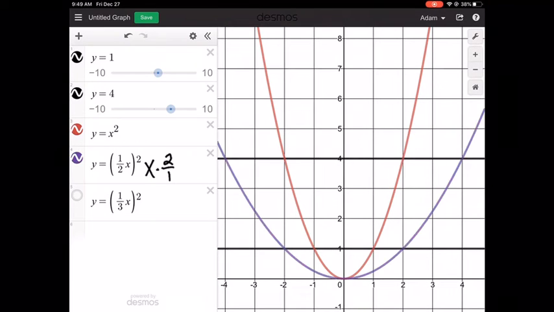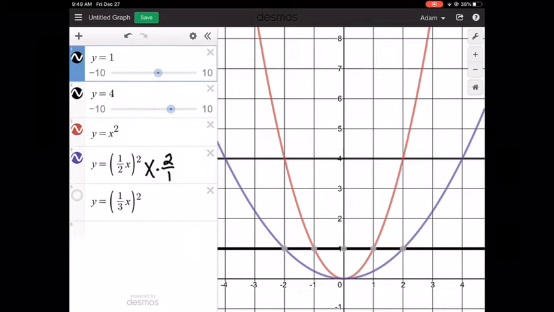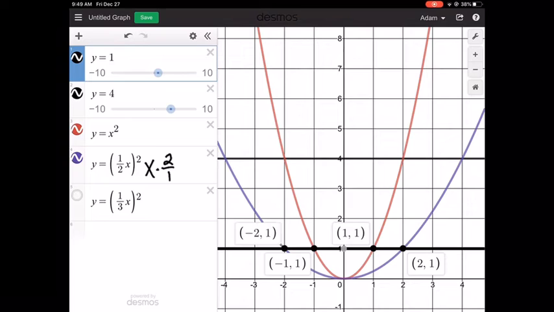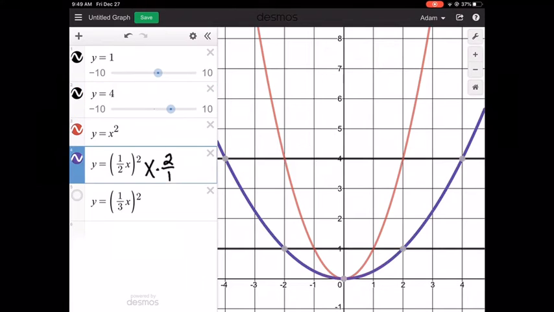So you'll see, these x values went from 2 to now it's at 4, from positive 1 to positive 2, negative 1 to negative 2, negative 2 to negative 4. Now notice our 0 point did not change at all because 0 times 2 is still 0.